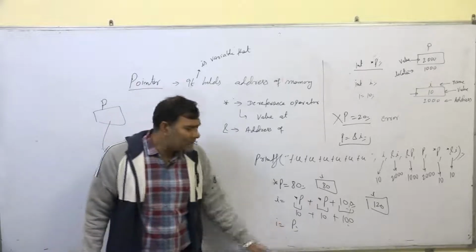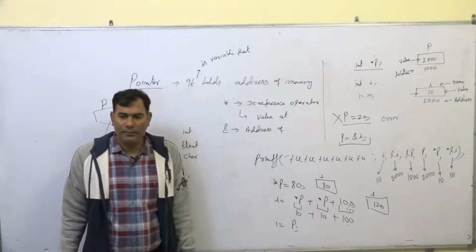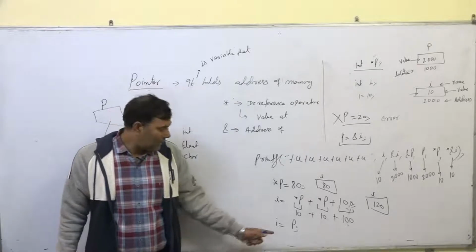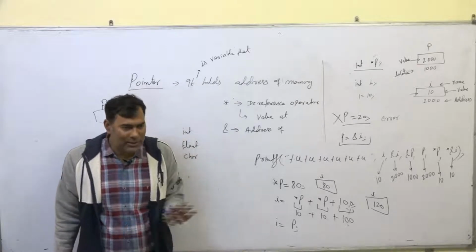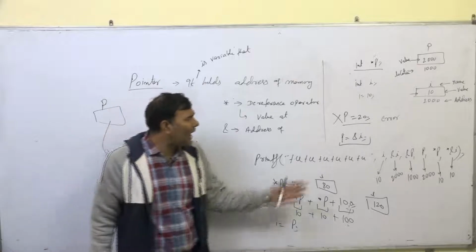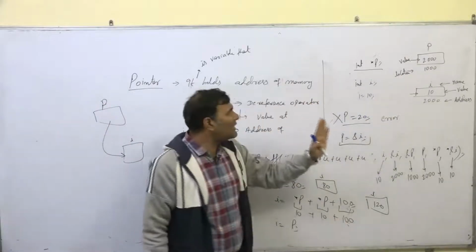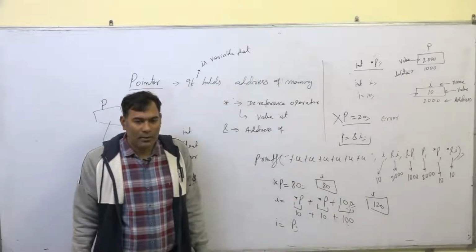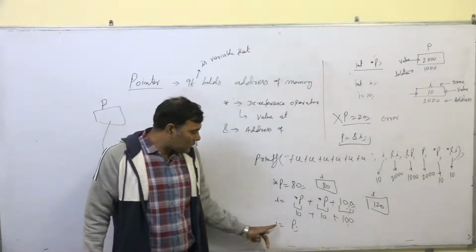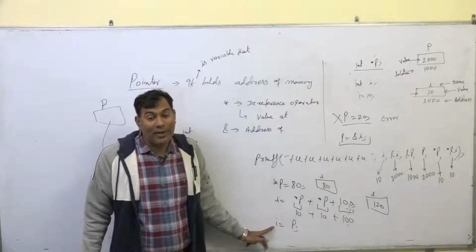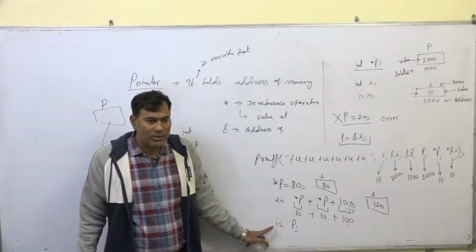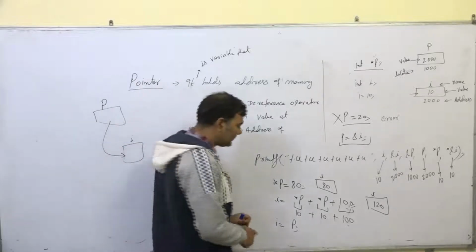Pointer. P is 2000. Obviously, I means 10. Similarly, P is 2000, and 2000 is what? Address. So this address is going to be stored in I. A normal variable cannot hold an address. So it is an error. Got it?